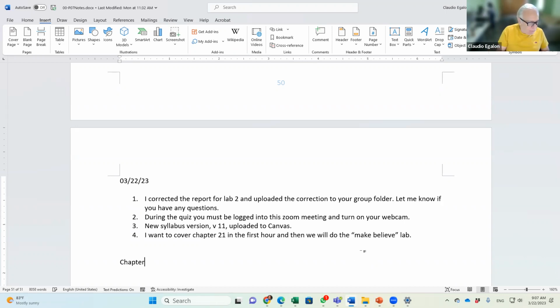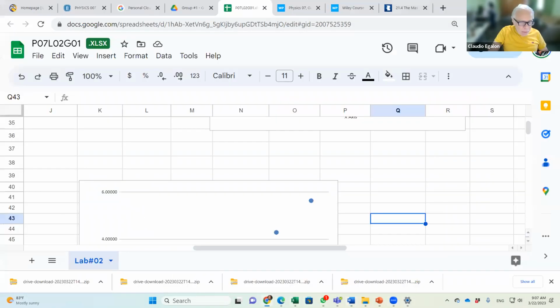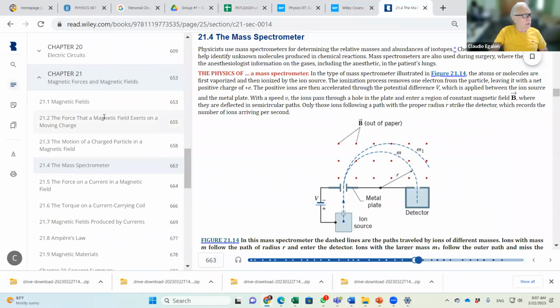First, magnetic fields, that was the first section in this lecture, 21.1. 21.2 is something else: magnetic force, specifically applied to a moving charge.